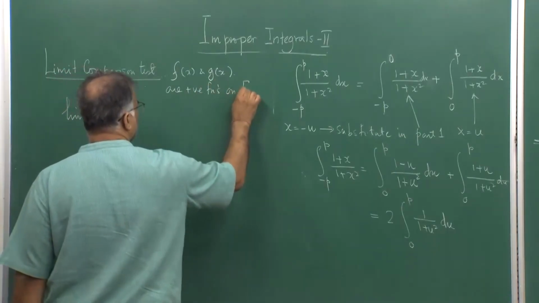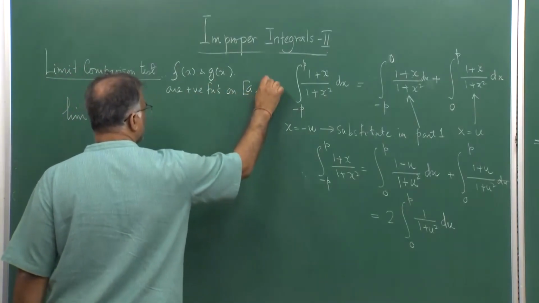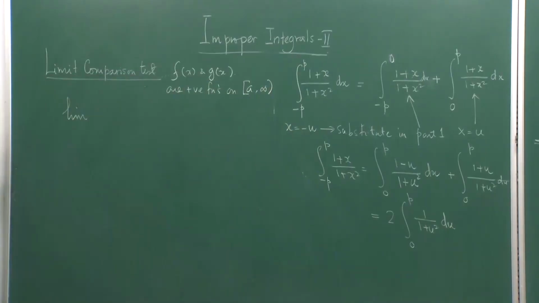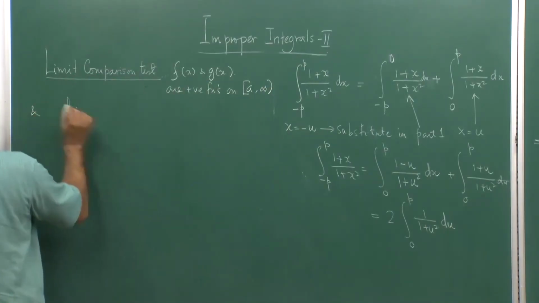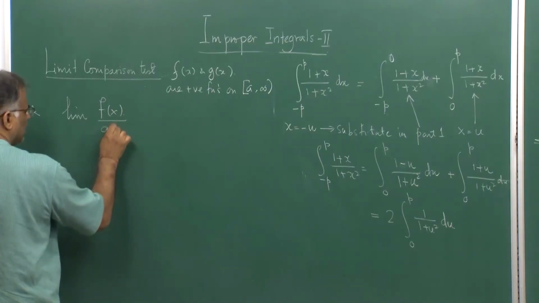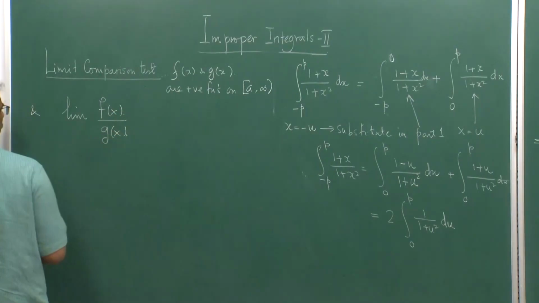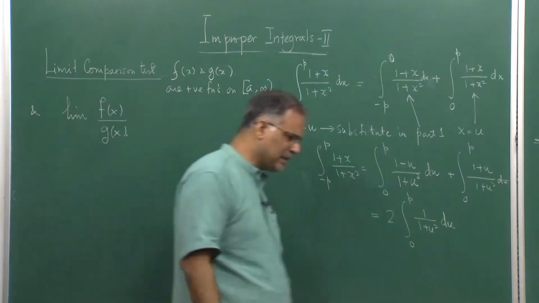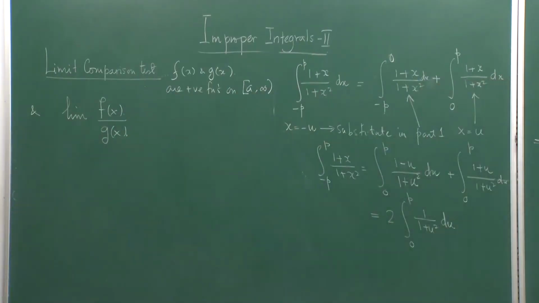on say some a to infinity, and say the limit of f(x) by g(x) as x tends to infinity, what is their behavior. So, the limit should be a non-zero and finite limit.